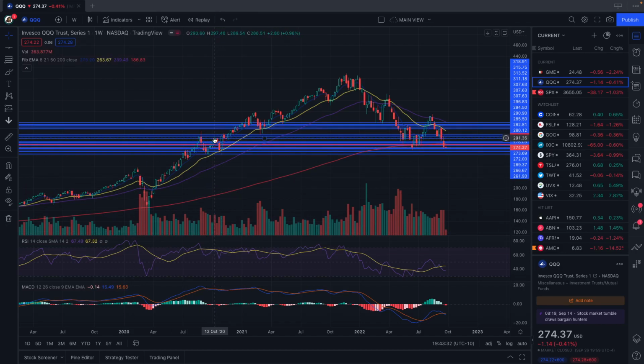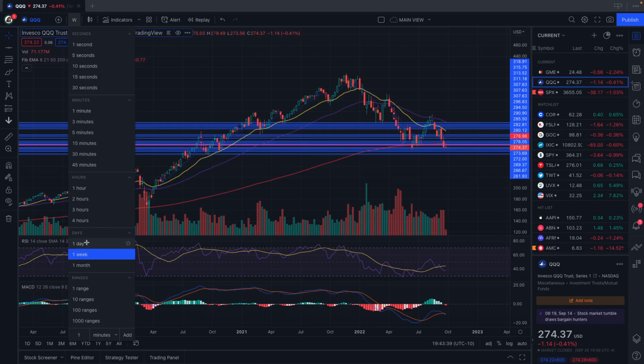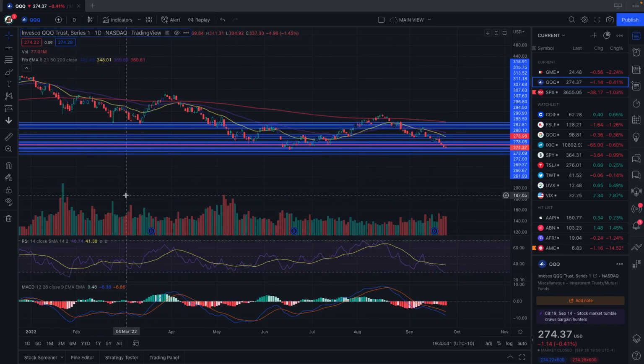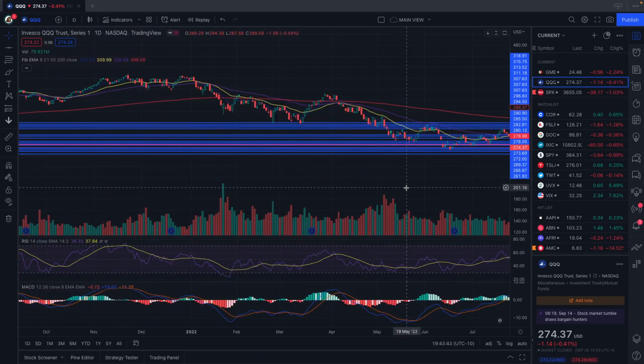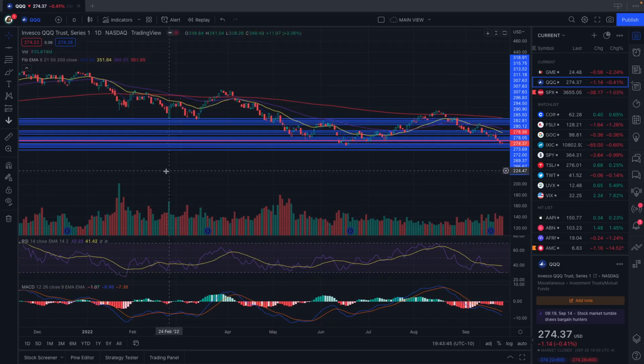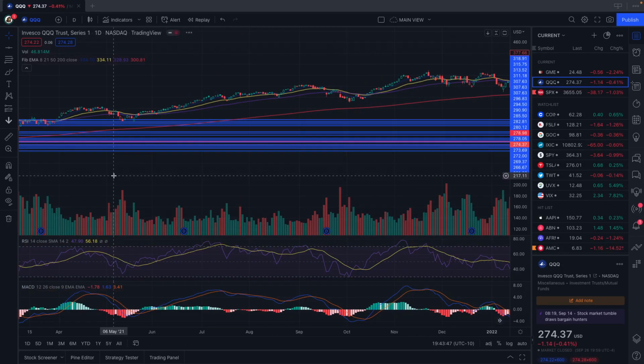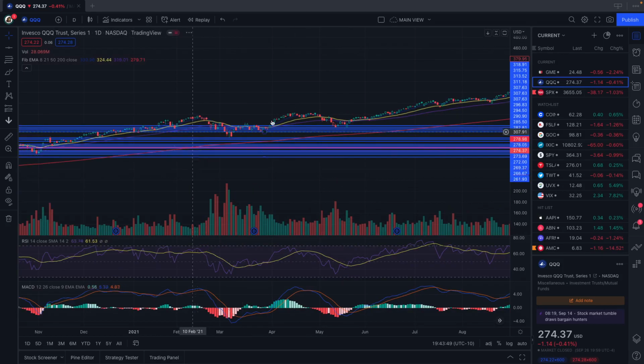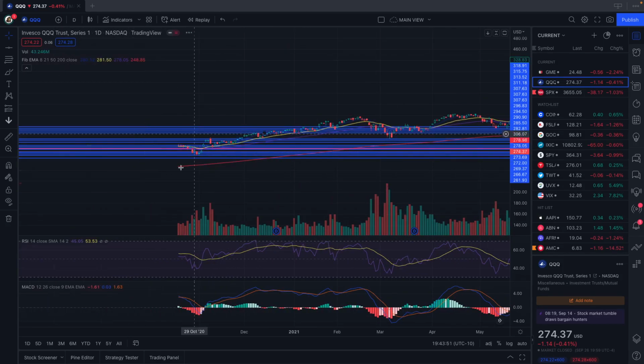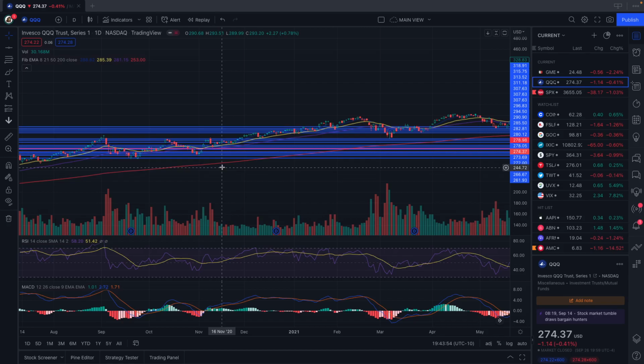Again, I've used the 1 week, and then I've switched to the 1 day to add some additional levels in. Again, I'm looking at areas like in this zone, and then way back here in the past, this area where my underlying was. The blue lines are 1 day and 1 week levels.